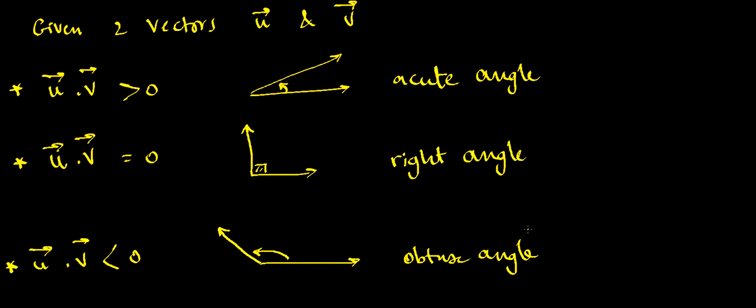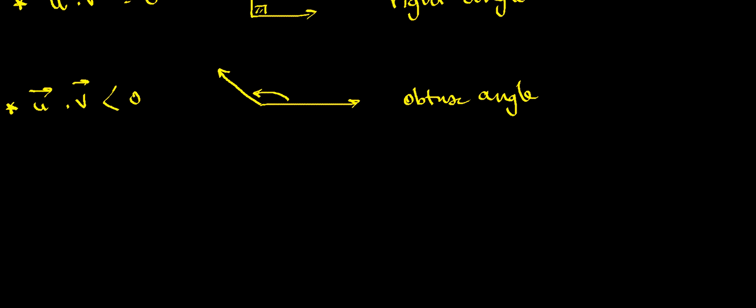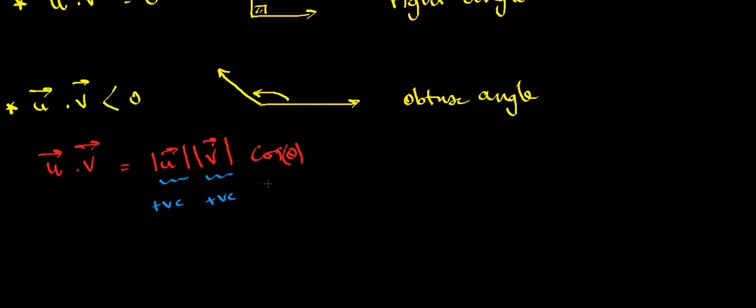And the reason this works is because if you write down the theorem, it says that u dot v is equal to the magnitude of u times the magnitude of v times cosine theta, the angle between them. This is always a positive value. This is always a positive value. Cosine theta, on the other hand, ranges between -1 and 1.